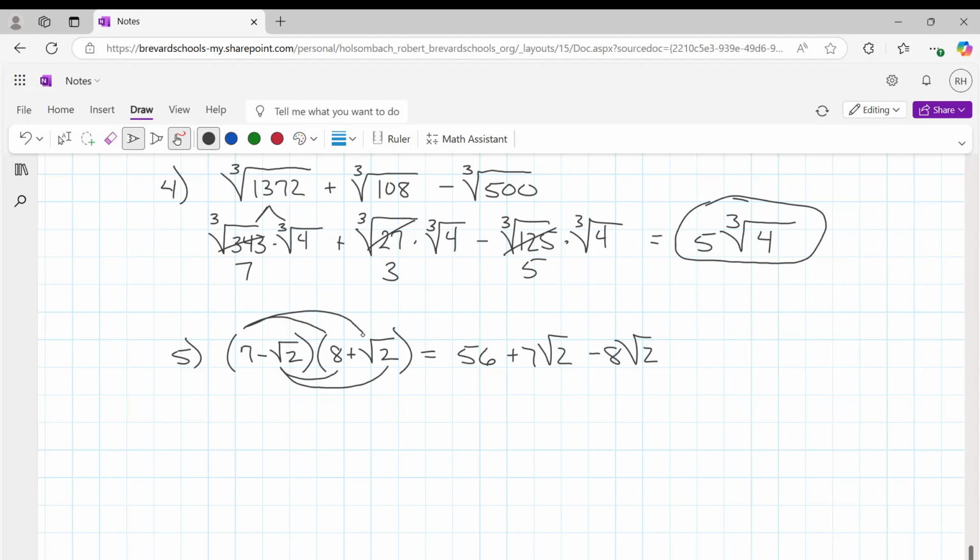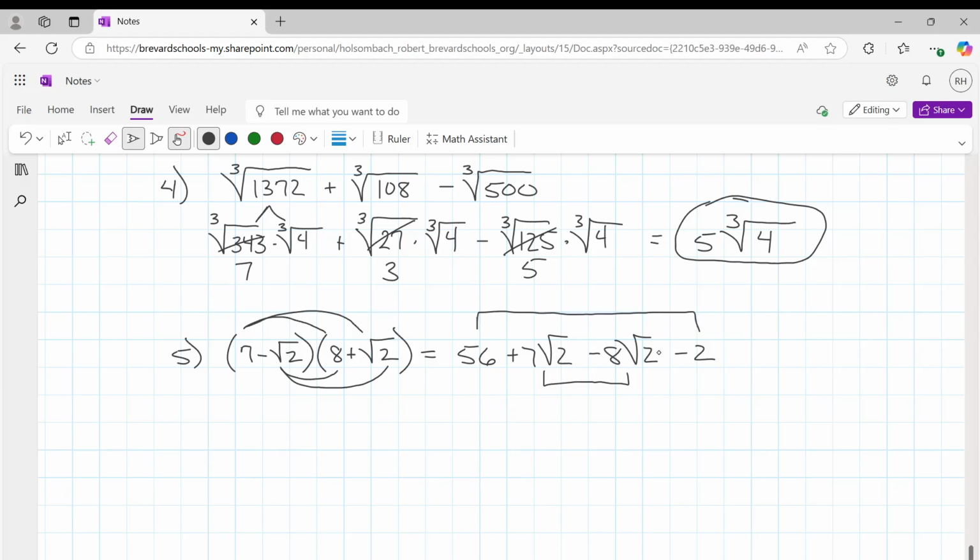That's going to be negative radical 4, right? A radical times itself is equal to whatever's under the radical. Radical 2 times radical 2 is equal to 2. But we got a negative radical 2 times a positive radical 2, so that's equal to negative 2. So we're going to combine right here, and we're going to combine right here.